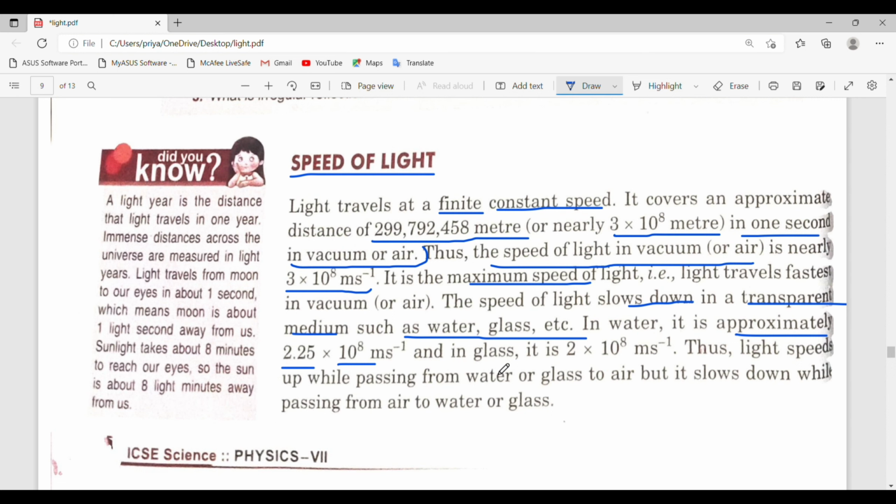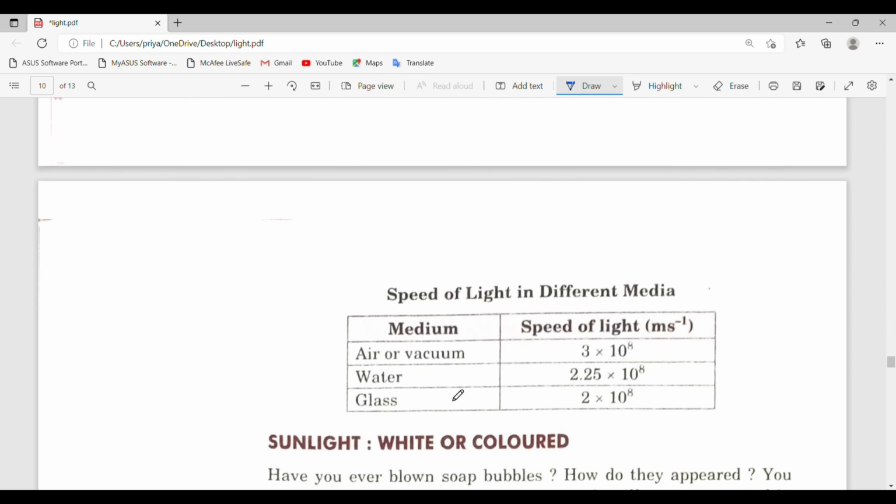And in glass it is 2 into 10 to the power 8 meter second inverse or meter per second. Thus the light speeds up while passing from water or glass to air, but it slows down while passing from air to water or glass. ठीक है, इतना क्लियर हुआ.